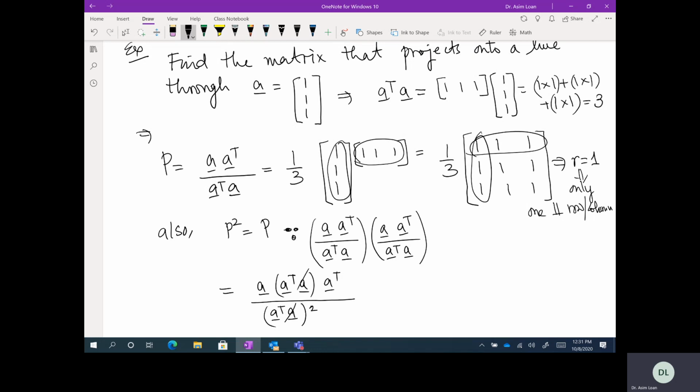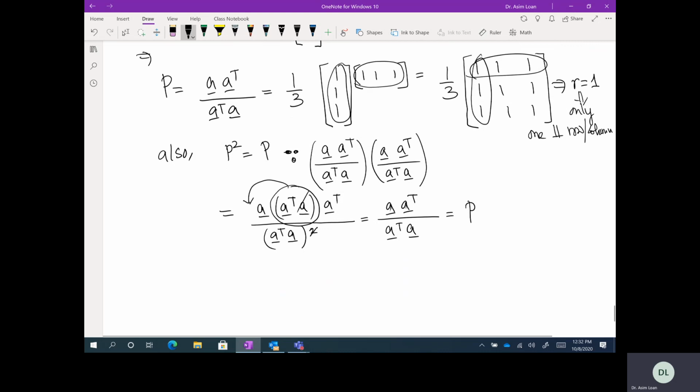So this cancels with this one, and I'm left with A transpose. Because this is a scalar, I can take it out of this side. So this is A transpose divided by A transpose A, which is equal to P.